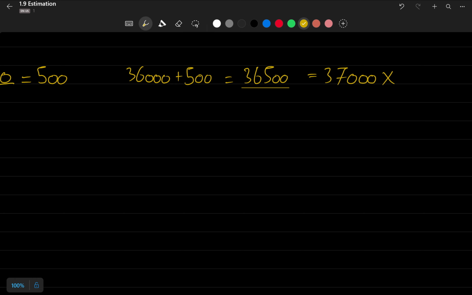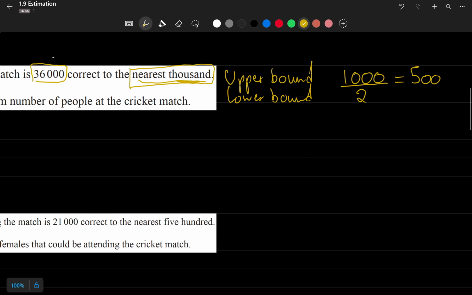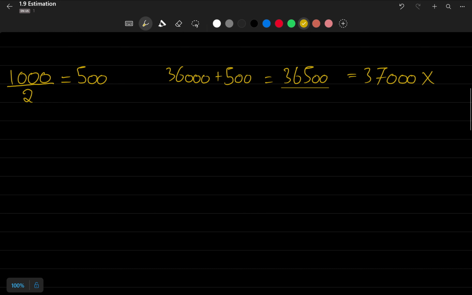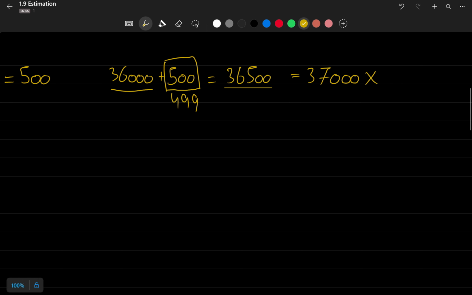So this is wrong. We have to get our answer 36,000 back if we round it off again. So to get the correct answer, we do not add 500. Rather, we just add 499.